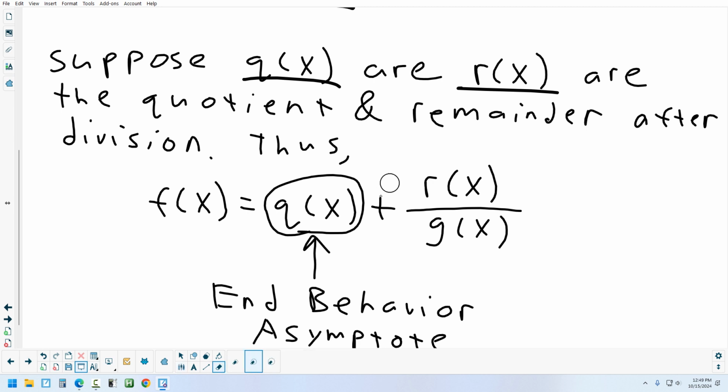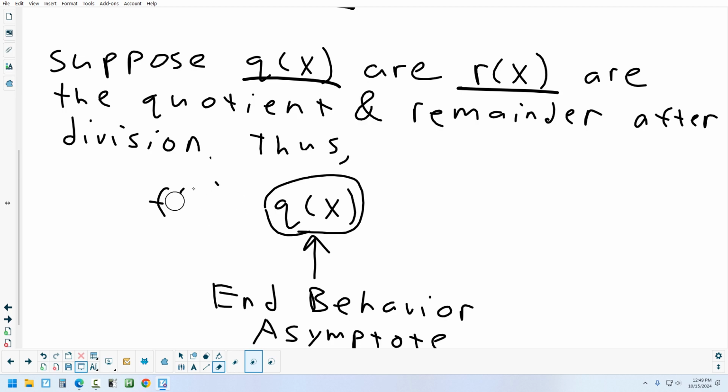So all we care about is the quotient. The quotient is the EBA. So really, it's just another name for the quotient. It's not a new method. We already know how to do it. Or if you don't remember, I'll show you.